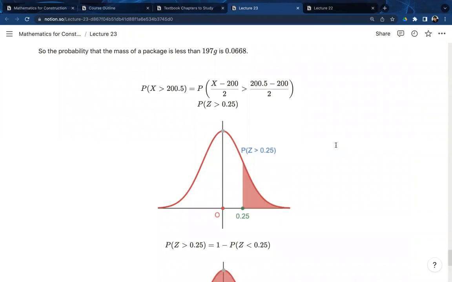Draw a diagram to figure out two things. Is the area on the left or the right? And where's the Z value of the argument that you're trying to consider? Is it positive or negative? 0.25 is positive and we want the probability more than that.